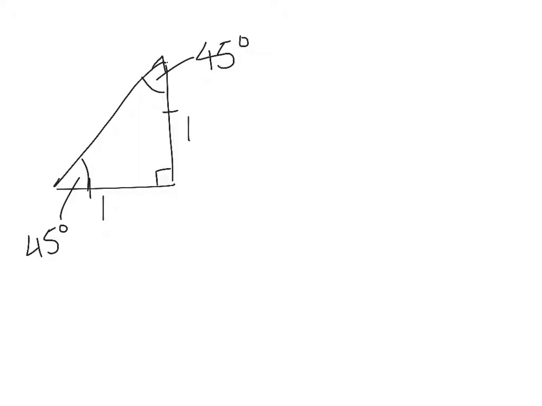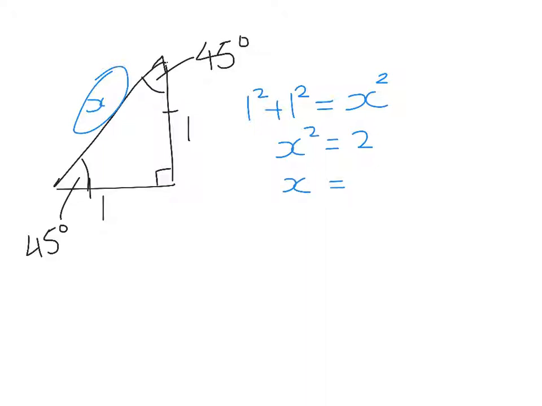The last thing we have to work out is the length of this side, and we can do that using Pythagoras' theorem. So 1 squared plus 1 squared is equal to x squared. X squared is 2, so the side length is root 2. Now it can't be negative root 2 because I'm dealing with a length, just in case you were wondering why I got rid of the negative root.